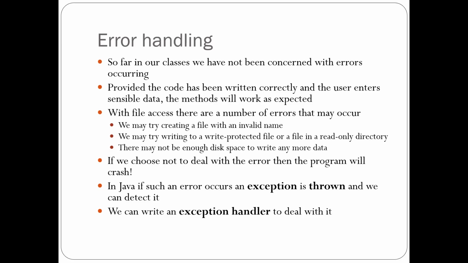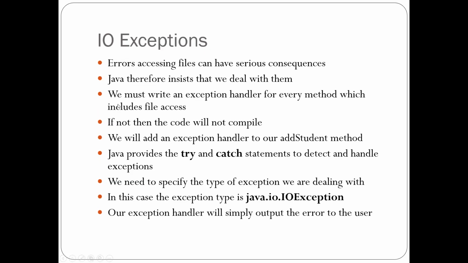So as part of the Java rules, we have to write something called an exception handler in order to cope with it. Now, the rules are that because we're dealing with external files, Java forces us to use this IO exception handler.